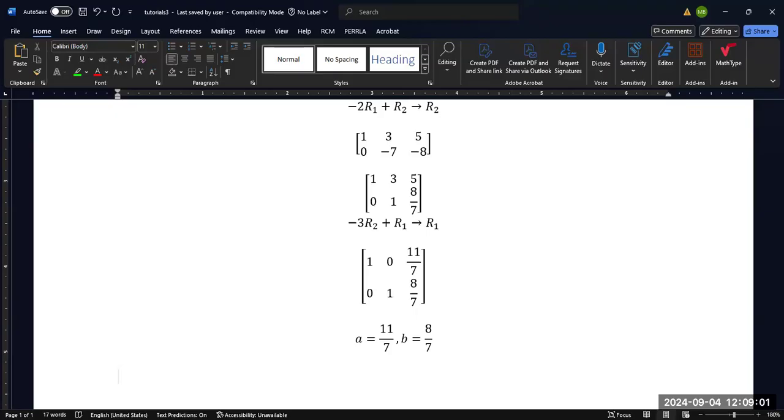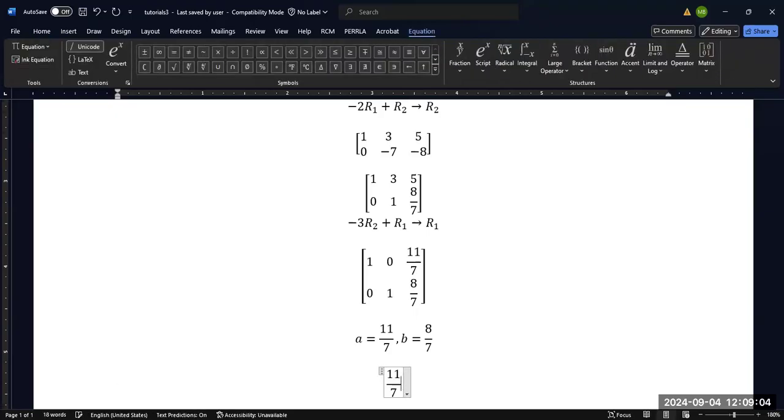So let's just double check. 11/7 times our vector 1, 2 plus 8/7 times our vector 3, -1. And when we add those up, we're going to get on top 11/7 plus 24/7.